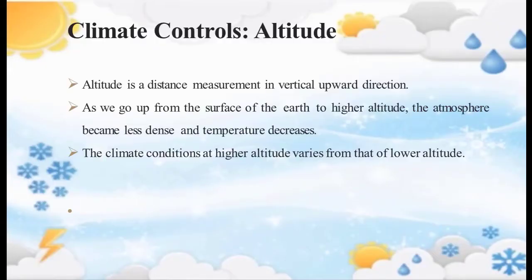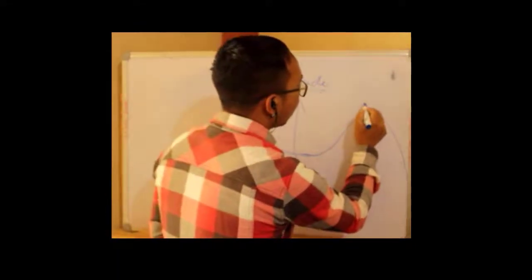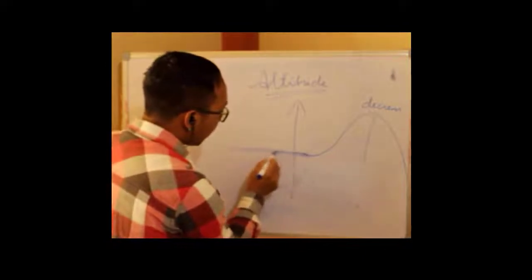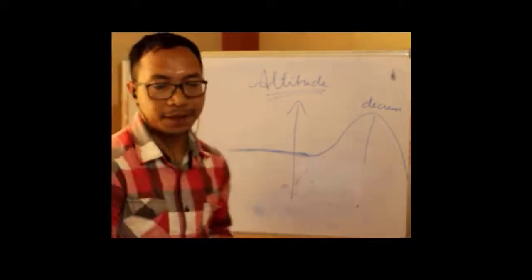As we go up from the surface of the earth to higher altitude, the air becomes less dense and temperature decreases. So if you go up, temperature will decrease in comparison to areas in the plain or in the valley.